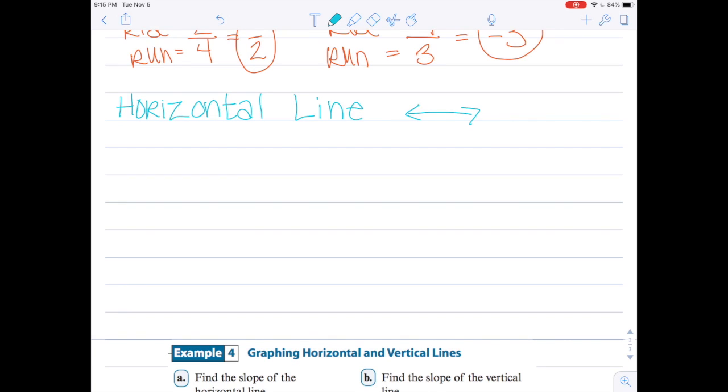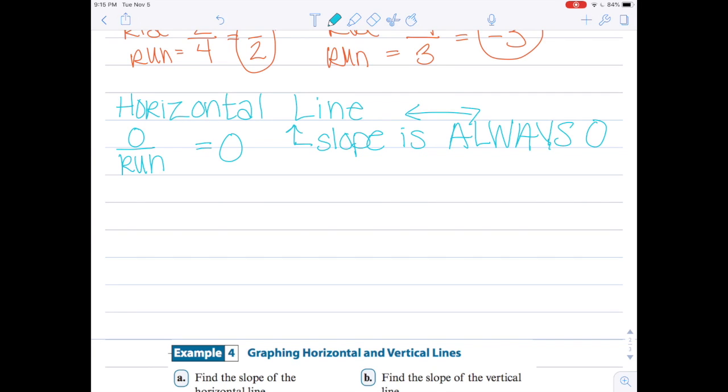So if slope is rise over run, this one is always going to be 0 over whatever the run is. Well, 0 divided by anything is just 0. So the slope of a horizontal line is always 0. No matter what. If it's a horizontal line, your slope should be 0.